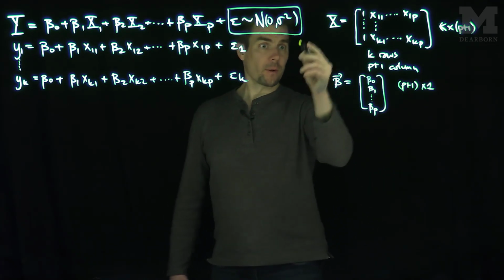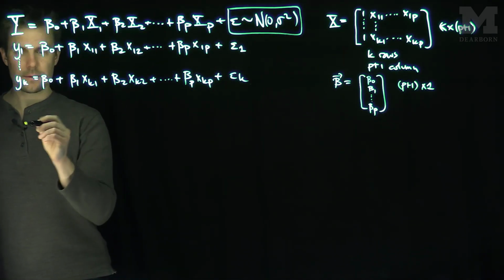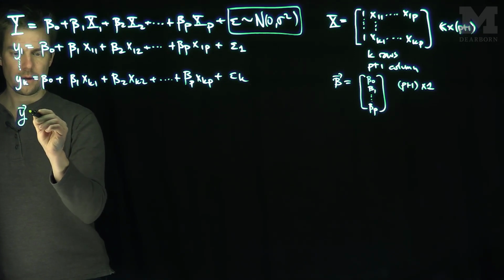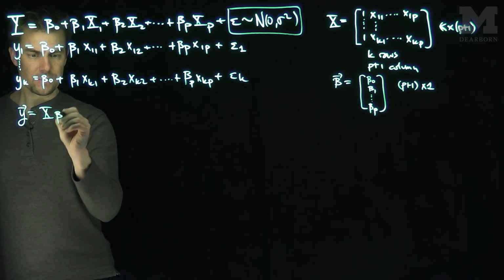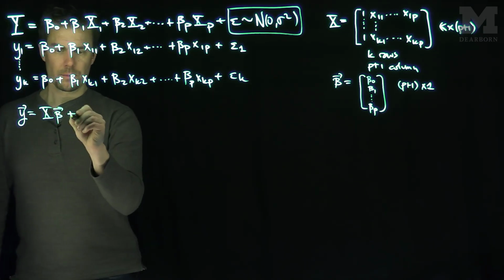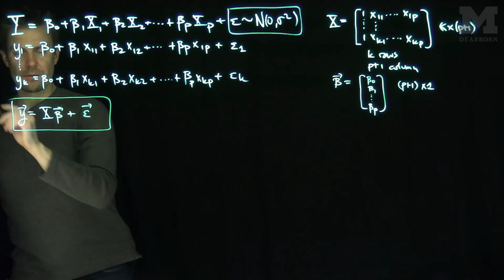So I can actually form x beta. Using this notation, I can say that the vector y is equal to the design matrix x times beta plus the vector epsilon. So this is the relationship I have over here.